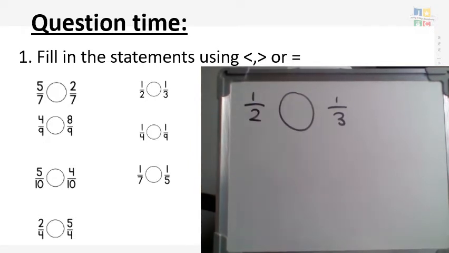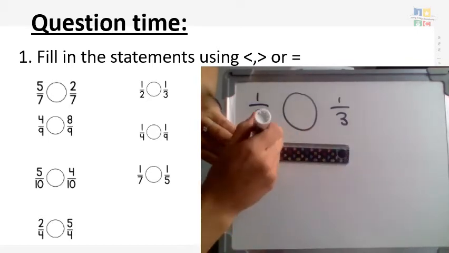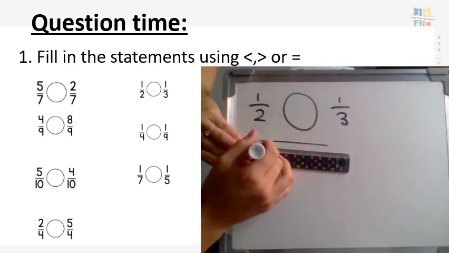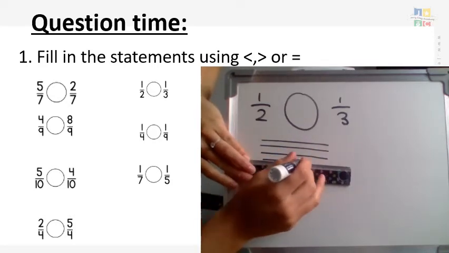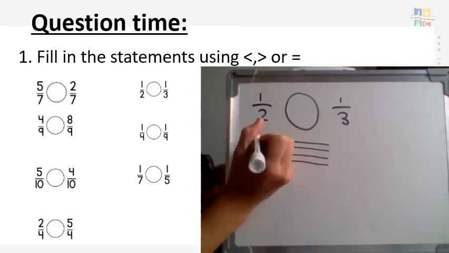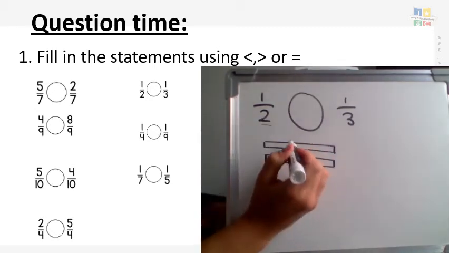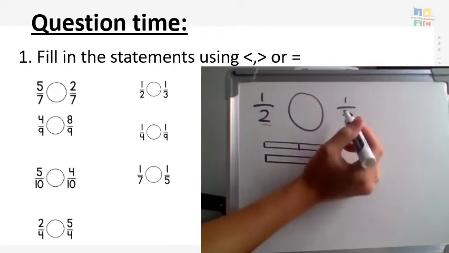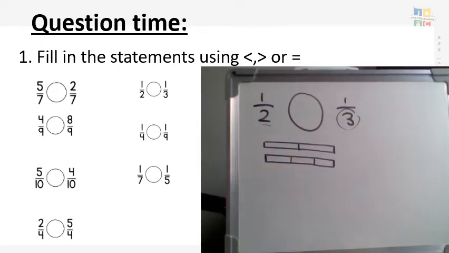Okay, so having a look at this one, I look at my denominator again, and this time my denominators are different. However, my numerators are the same. So I'm going to draw out my bar models. Again, they're going to be the same length. However, this time, one is going to have 2 parts, so I'm going to split it into 2 parts, and one is going to have 3 parts, so I'm going to split it into 3 parts.